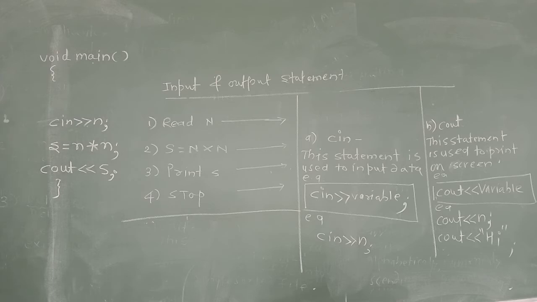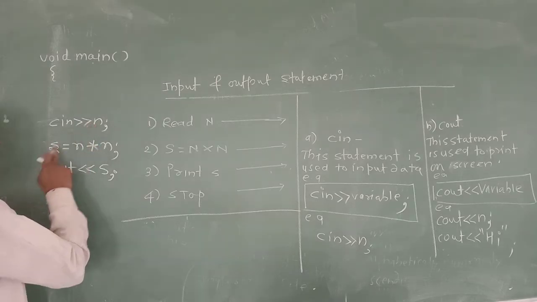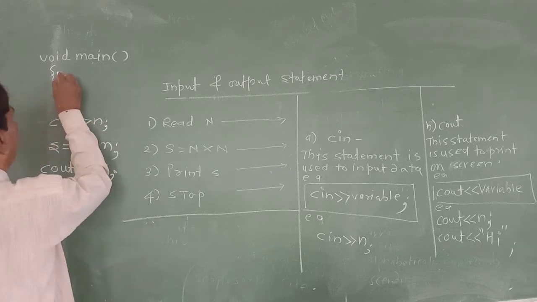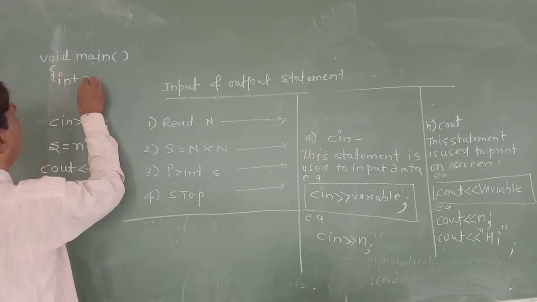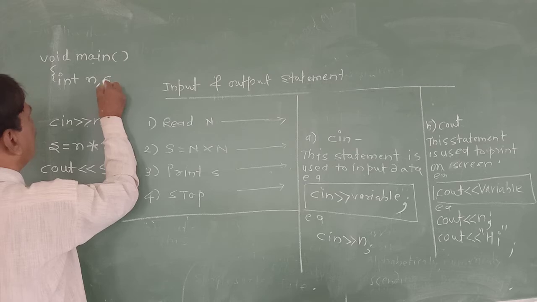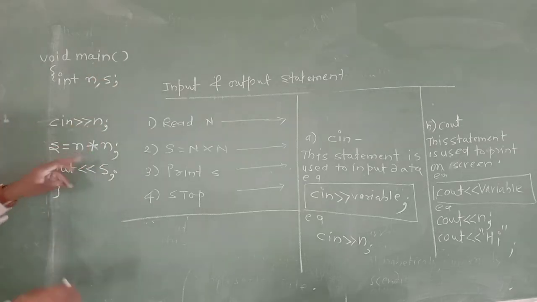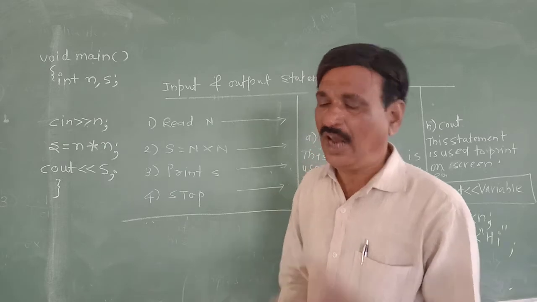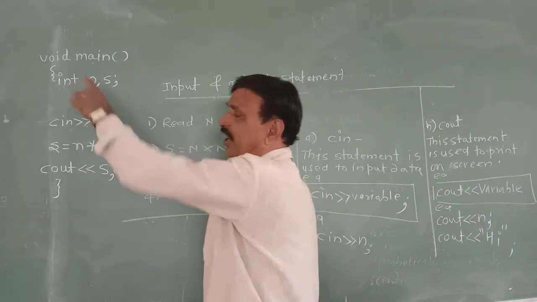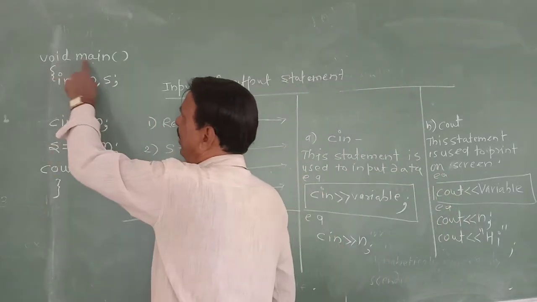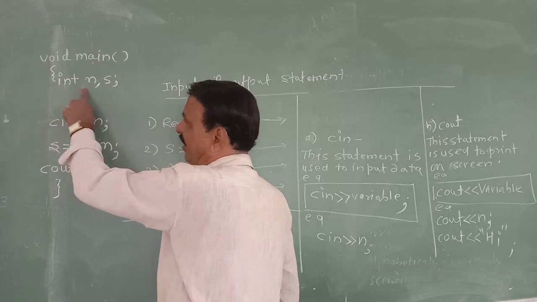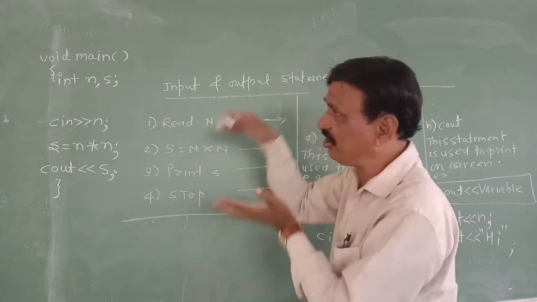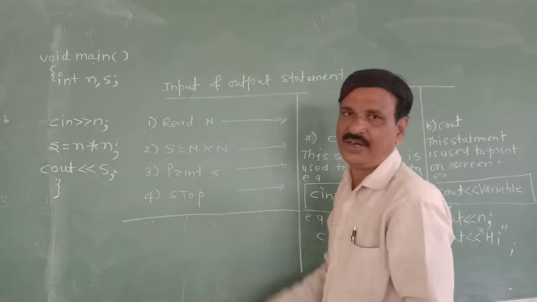Now here n and s are the variables that we have to declare: int n, s. These two variables are used in the program. Now remember the structure: void main, opening curly bracket, variable declaration, statements. The structure we have seen, in the same structure we have converted it.